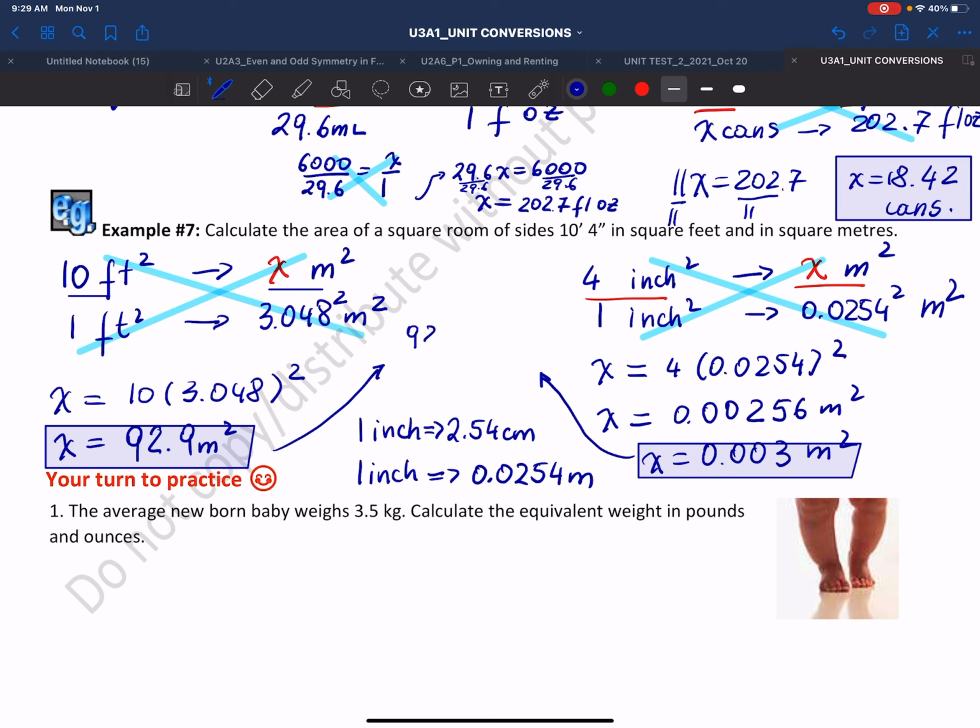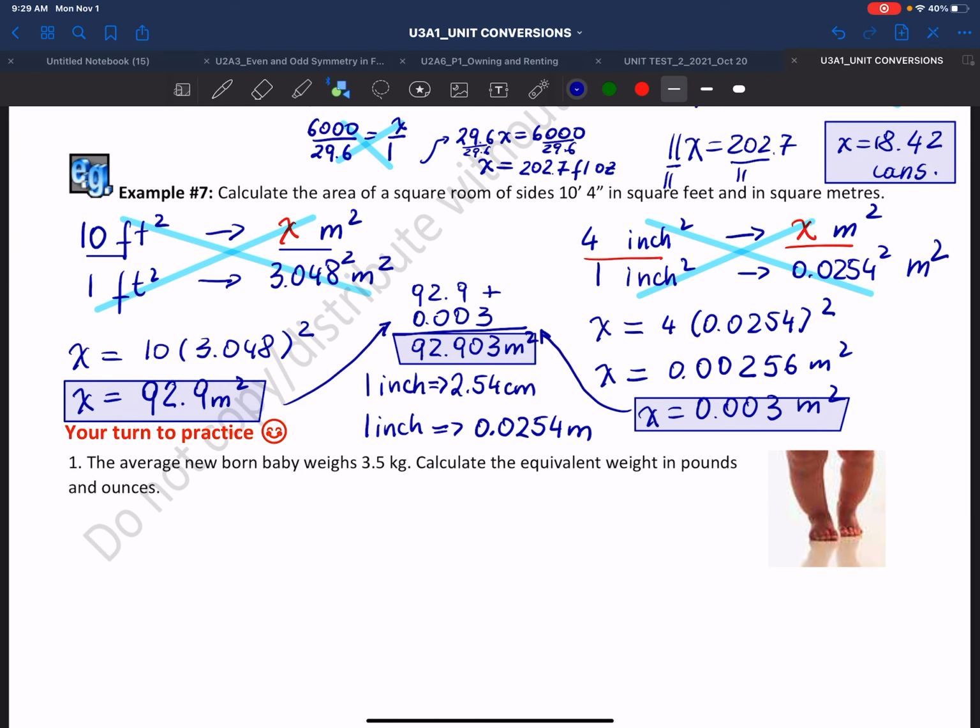So 0.929 plus 0.003, which will amount to 0.932 meters squared. And this would be the answer in this case.